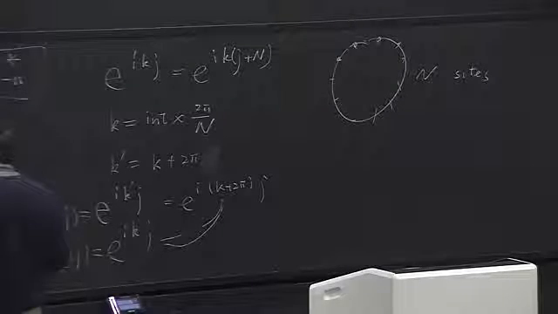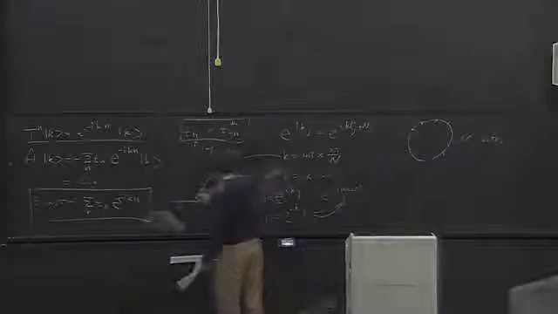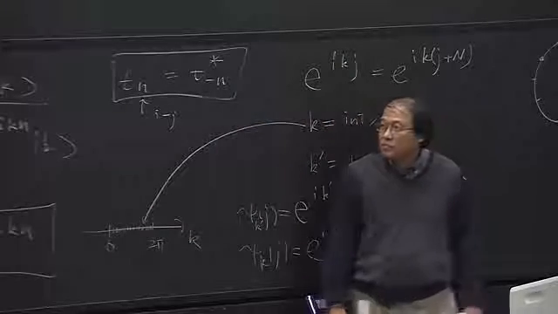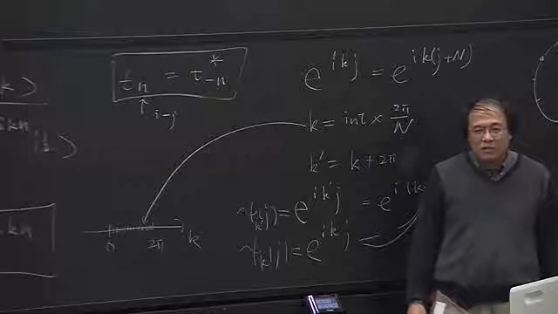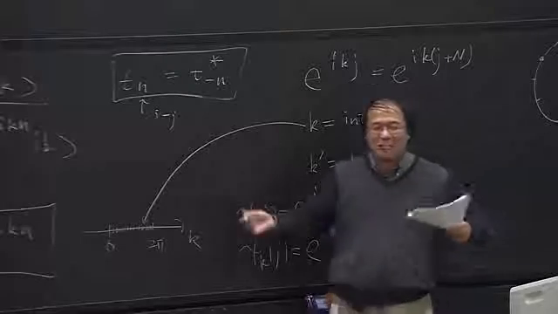So we have 0 and we have 2 pi. Then those are the allowed values, and this satisfies the quantization condition. And then everything fits. So finally you get everything right.